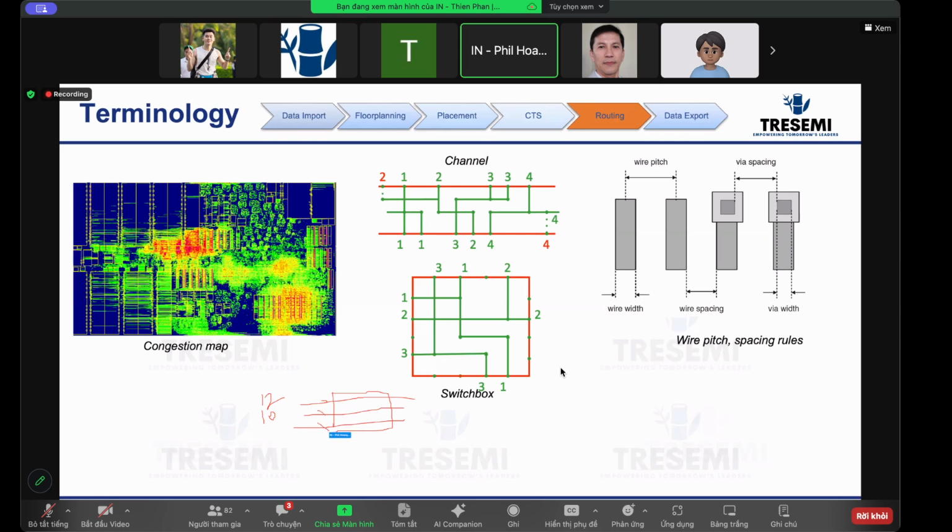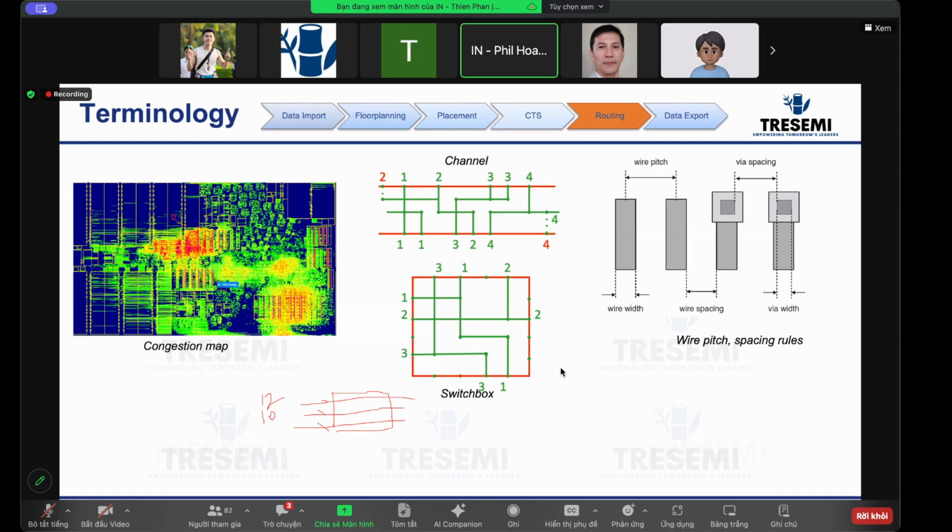In actuality, the router will try to follow the requirement by putting the wires through these G cells, but they don't have to. For example, over here, say you have a cell here, and you need to talk to a cell here, and it's in a critical path, and the wire has to go through this G cell.